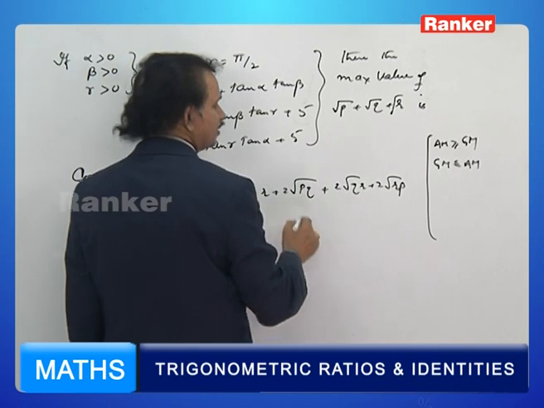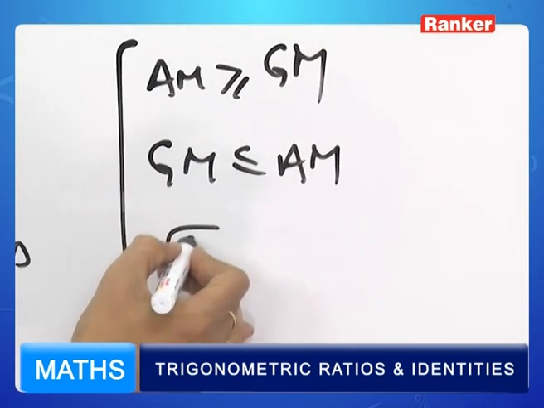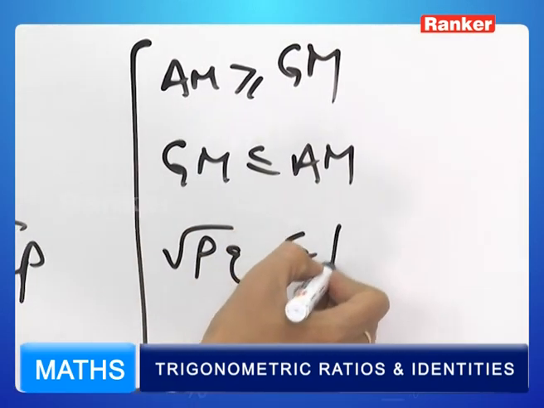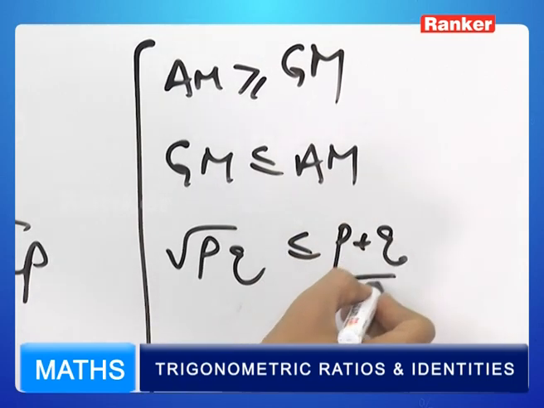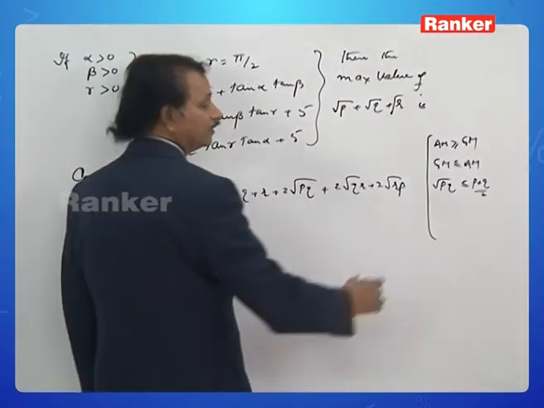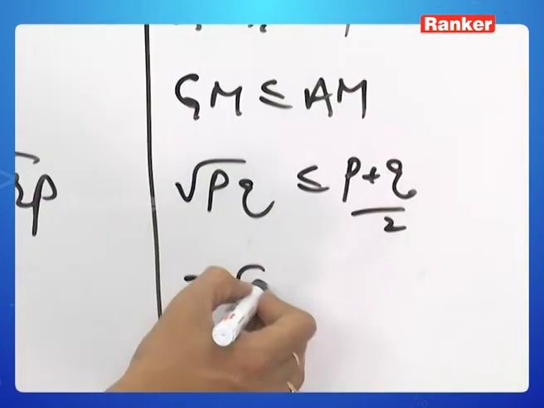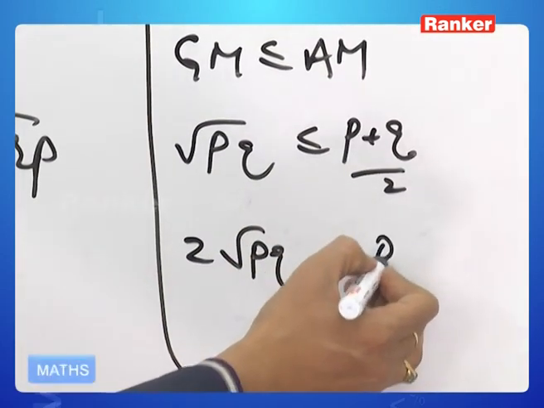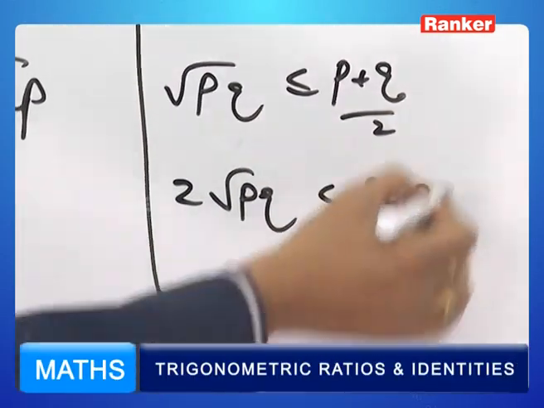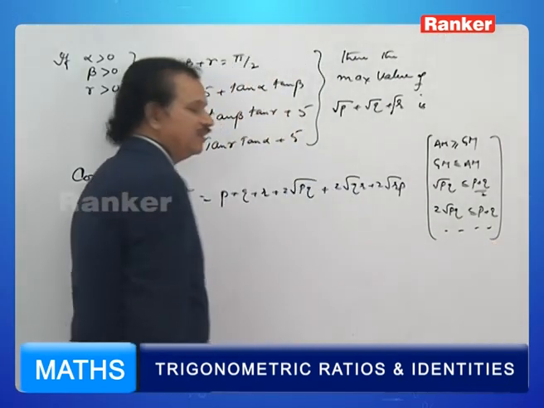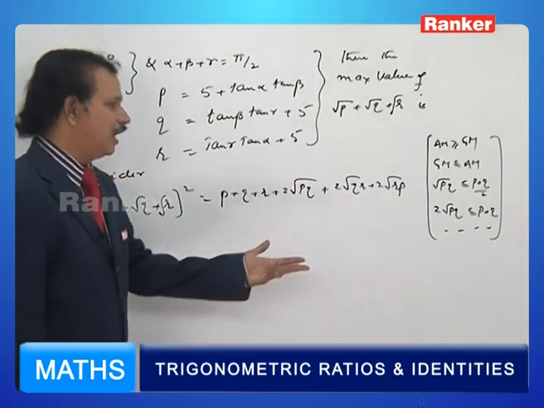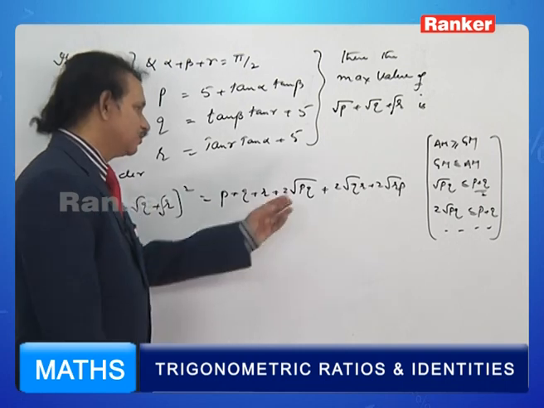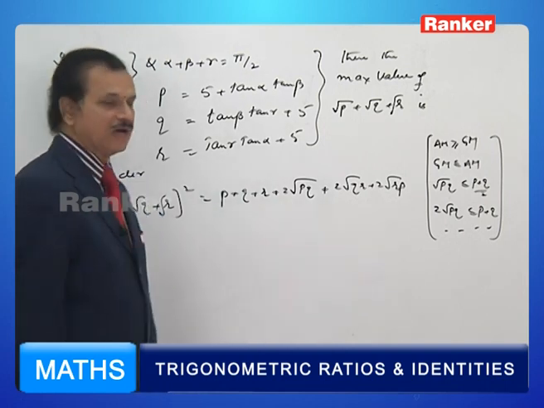Consider two numbers P and Q. Root PQ is the GM and P plus Q by 2 is the AM. So 2 root PQ is less than or equal to P plus Q. In a similar fashion, 2 root QR is less than or equal to Q plus R, and 2 root RP is less than or equal to R plus P.